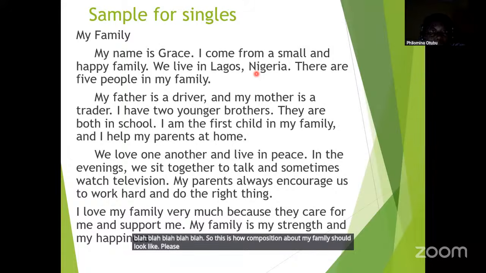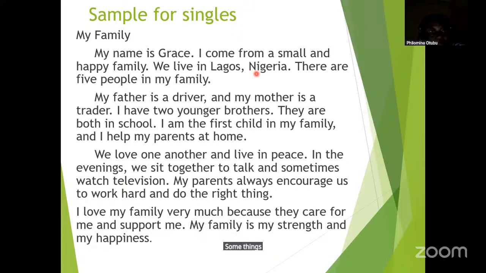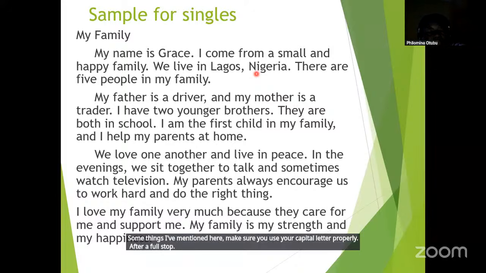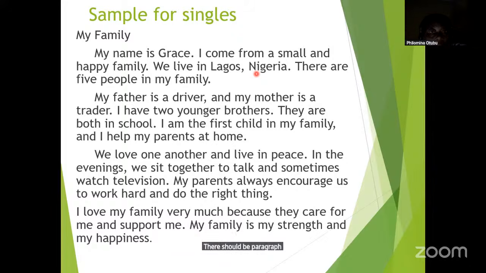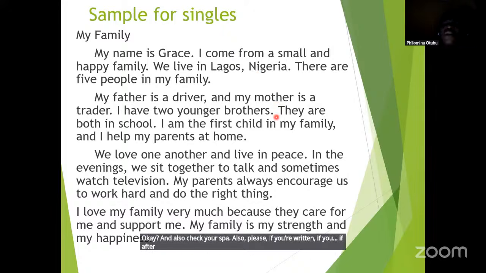Please, when you want to write, some things I've mentioned here, make sure you use your capital letters properly. After a full stop, you should start the next word with a capital letter. There should be paragraphs. Okay, and also check your spelling. Also, please, if after writing you made a lot of mistakes, please rewrite it.